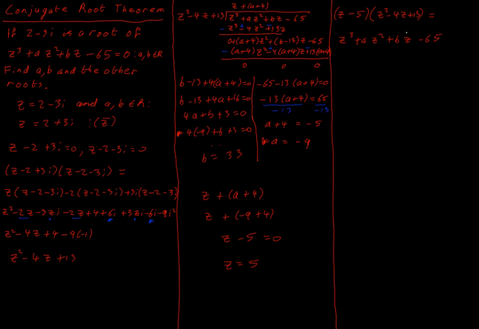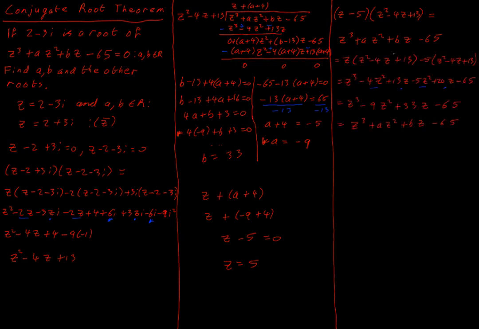But then how are we going to use this to find a and b? Well, I'm going to multiply out these brackets and then equate coefficients to get a and b. So when I've multiplied out my terms, at the equating coefficients, I see I have a 1 in front of my z cubed and a minus 65 at the end. This is good.